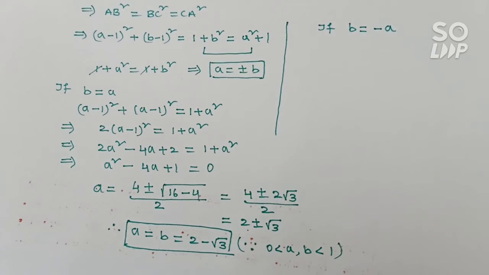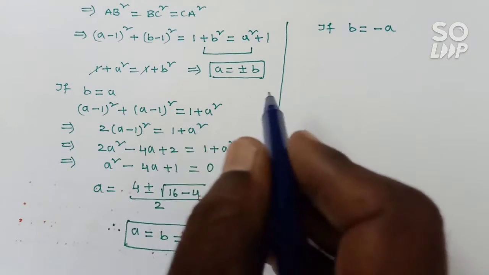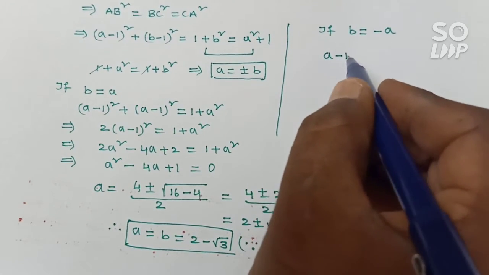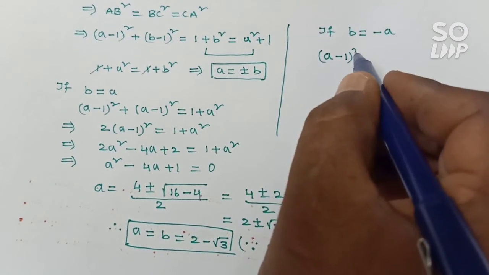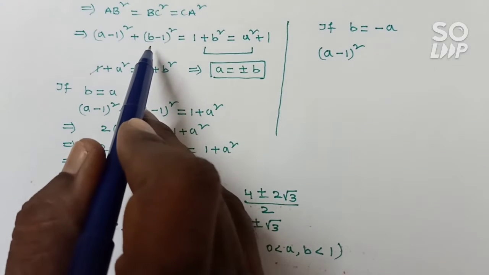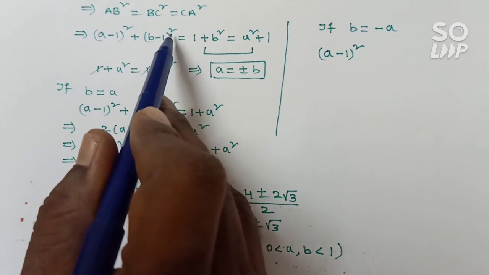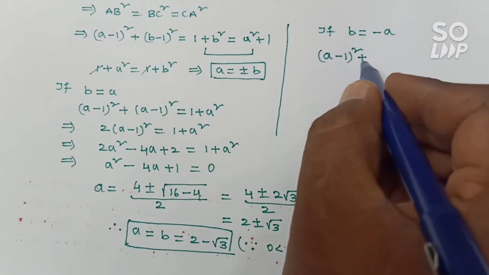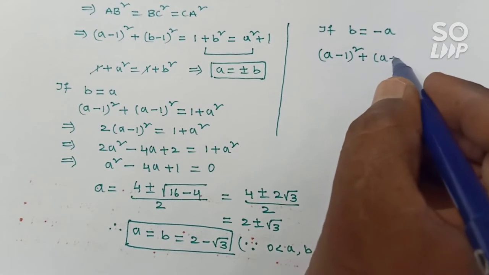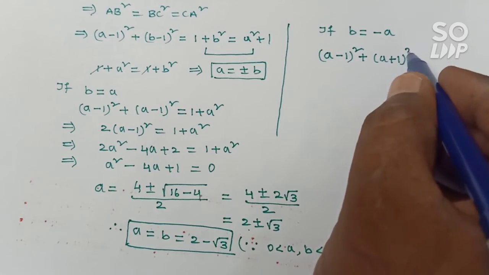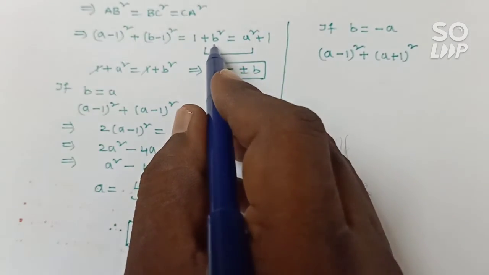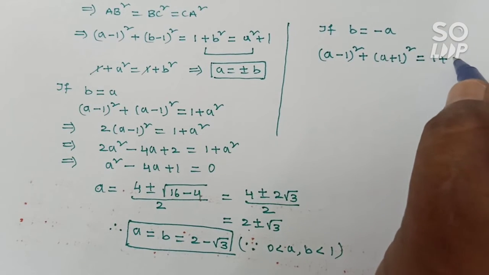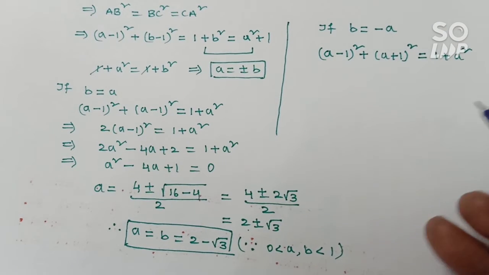If b is equal to minus a, then (a minus 1) whole squared, and next, (minus a minus 1) whole squared, taking the minus common, becomes (a plus 1) whole squared. And the right side, with b equal to minus a, is equal to 1 plus a squared.